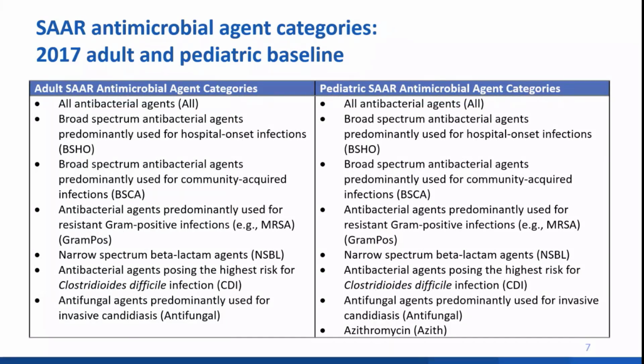The SAAR uses 7 adult and 8 pediatric antimicrobial agent categories. These categories include all antibacterial agents, broad spectrum antibacterial agents predominantly used for hospital onset infections, broad spectrum antibacterial agents predominantly used for community acquired infections, antibacterial agents predominantly used for resistant gram-positive infections, narrow spectrum beta-lactam agents, antibacterial agents posing the highest risk for Clostridioides difficile infection, antifungal agents predominantly used for invasive candidiasis, and additionally azithromycin for the pediatric population.